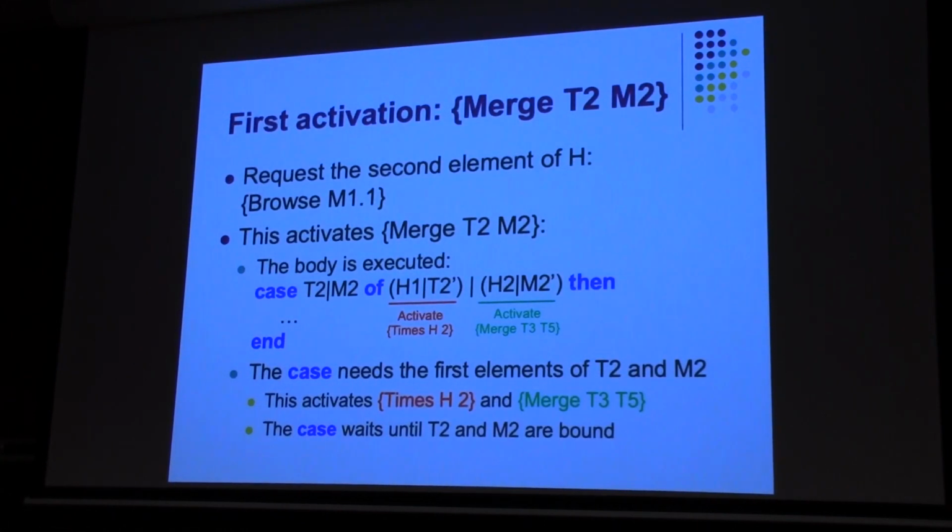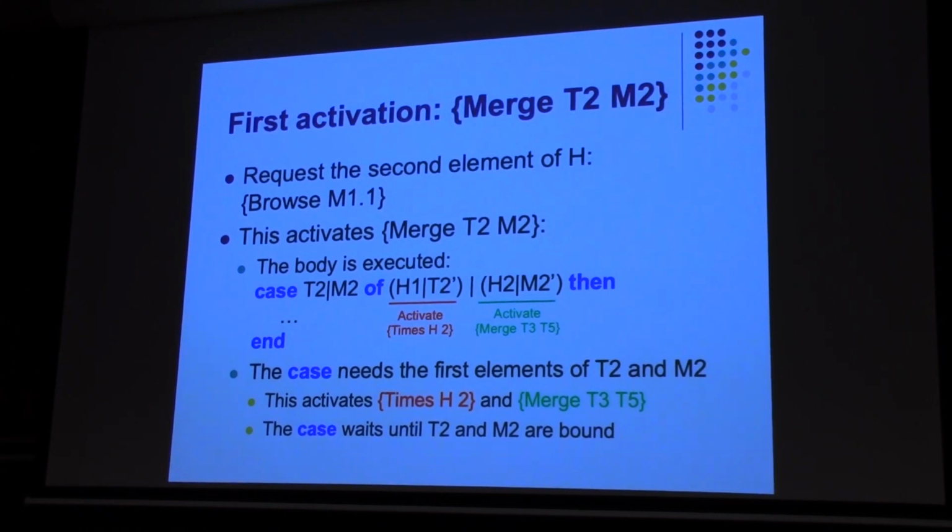Now, just to show you more in detail, so I do browse M1.1. This shows the second element. This will activate. Now this dot operation sees an unbound variable, so the dot operation will just wait. Okay? It just sits there and waits.